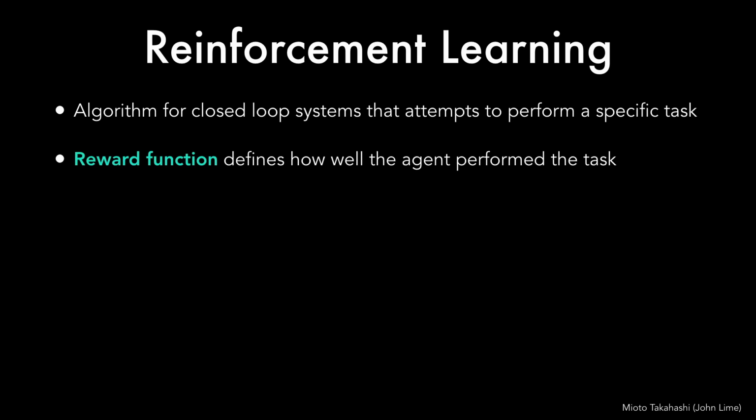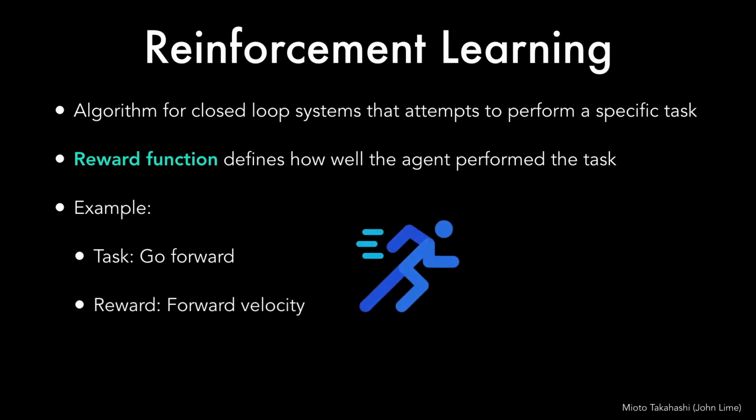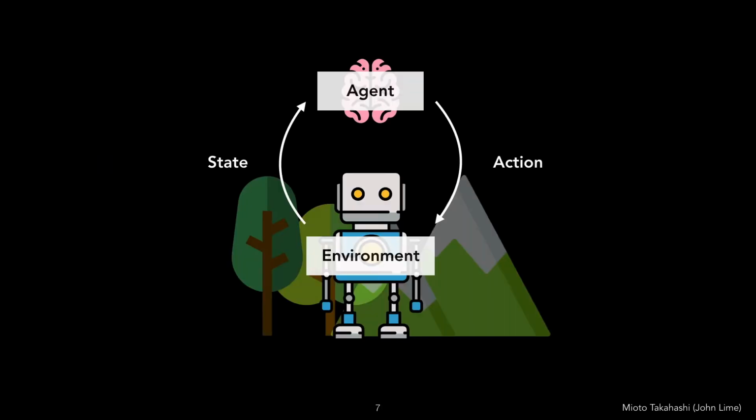Let's look at an example. Say that you want a robot to go forward. The reward function defines how well it performed the task of moving forward. So in this case, it'll be something like the forward velocity, the forward position, or the forward acceleration.